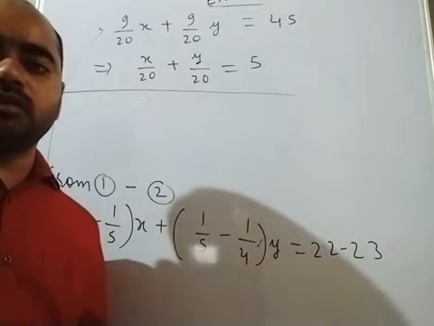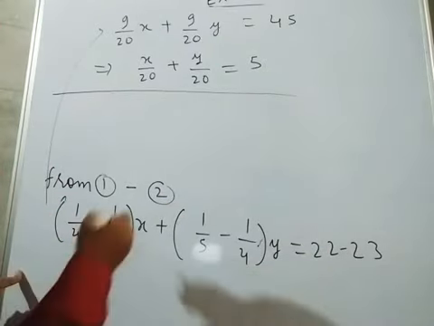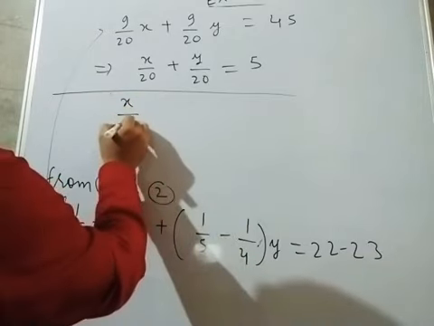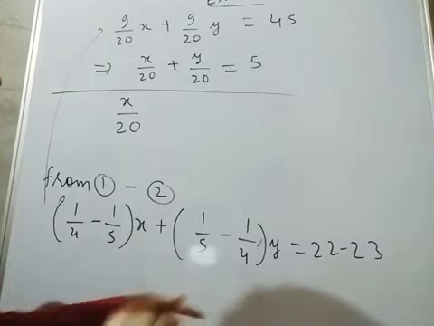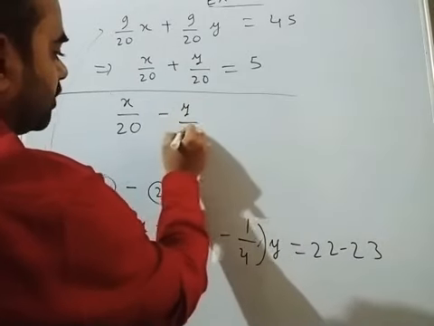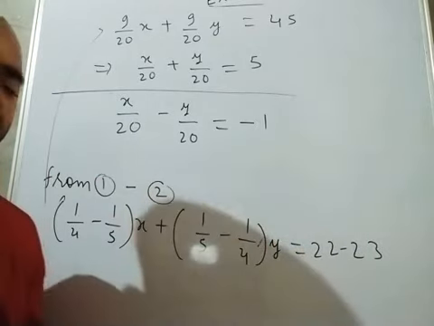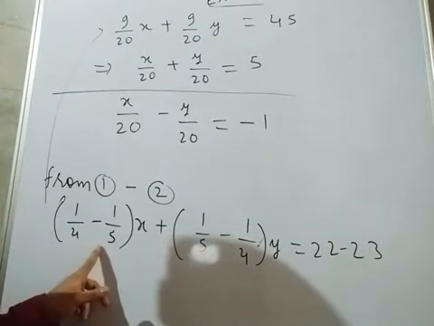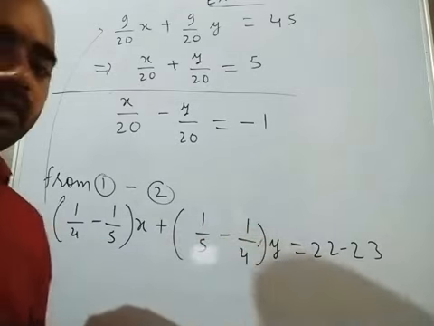It means this will become 1 upon 4 minus 1 upon 5, that is x by 20, and minus y by 20 is equal to minus 1. Clear?